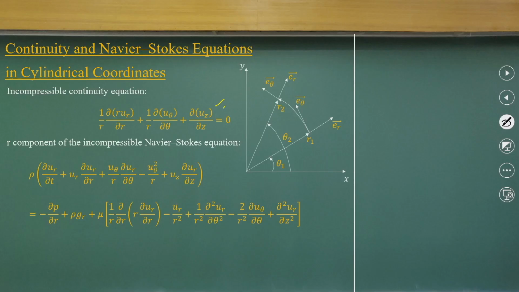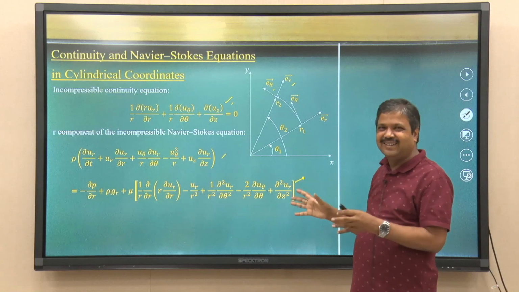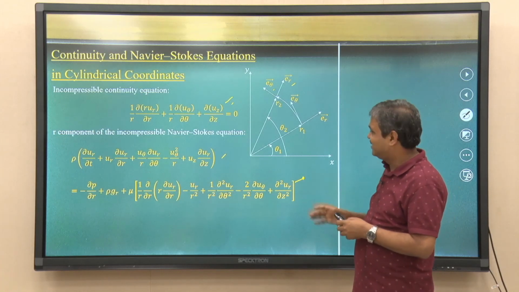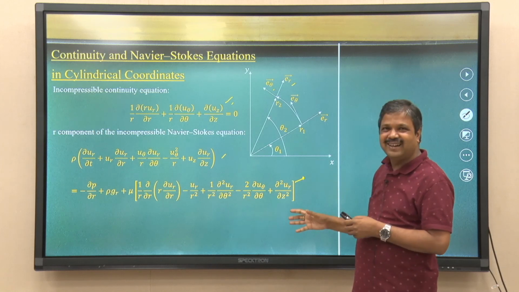We discussed how we define the coordinate axes for cylindrical coordinates, and one of the equation components looks like this. It is really complex.